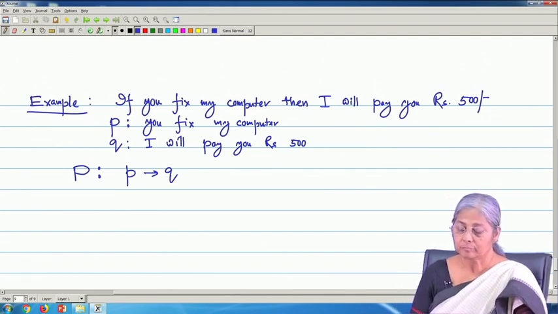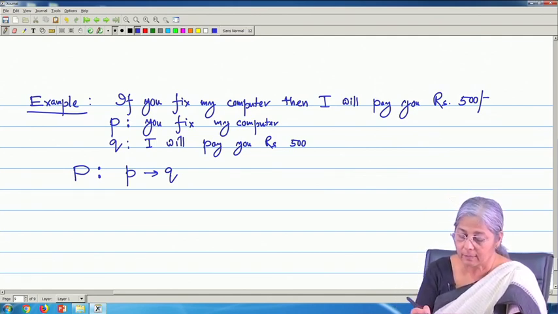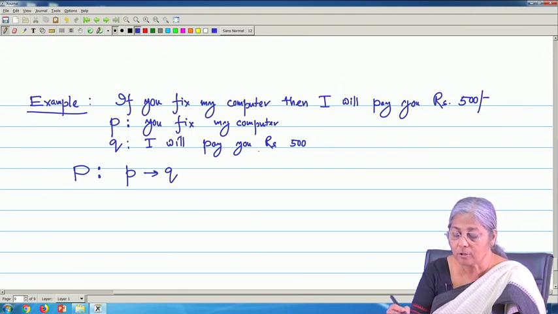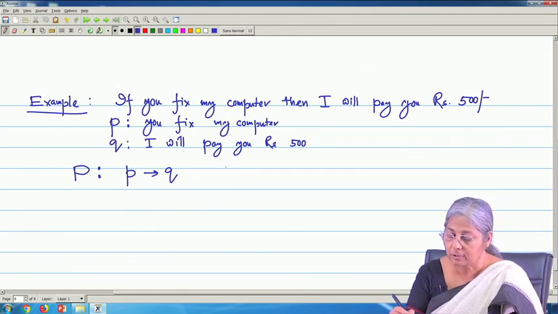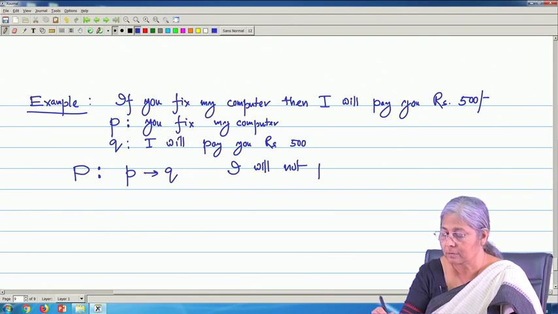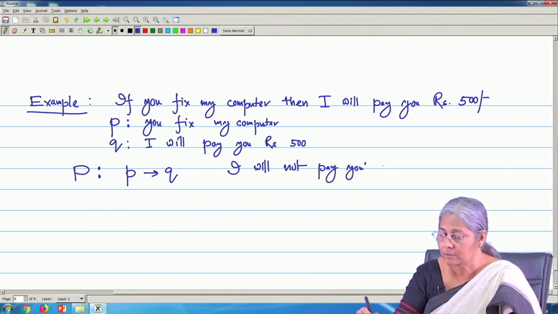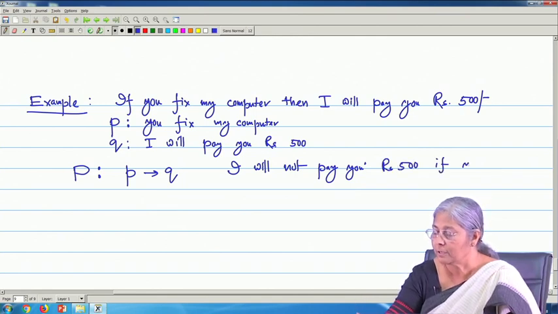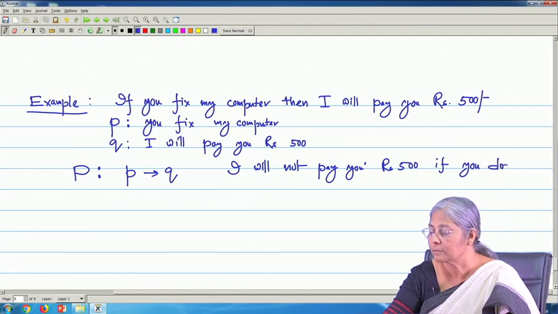Now, if I write that I will not pay you rupees 500 if you do not fix my computer.